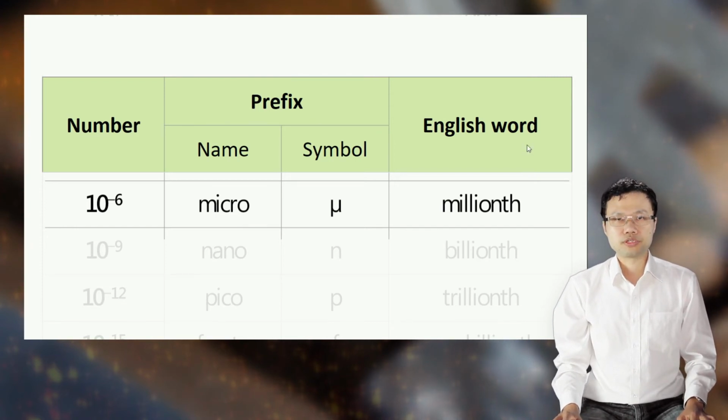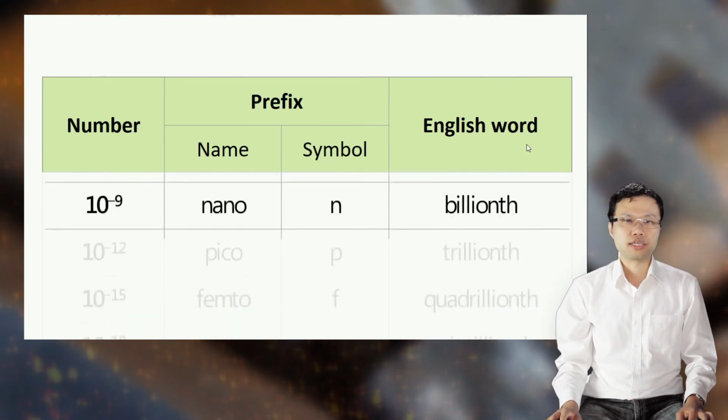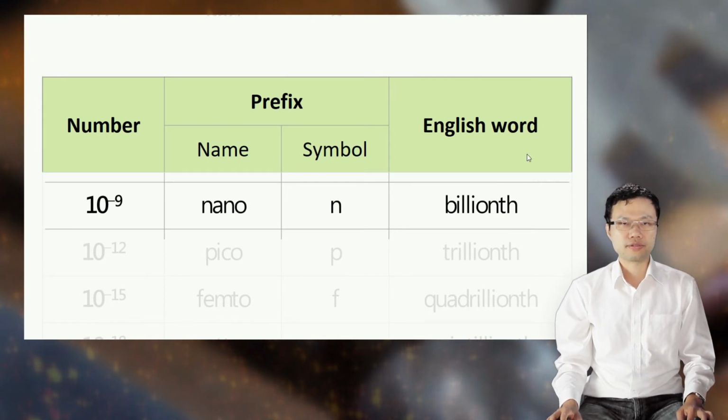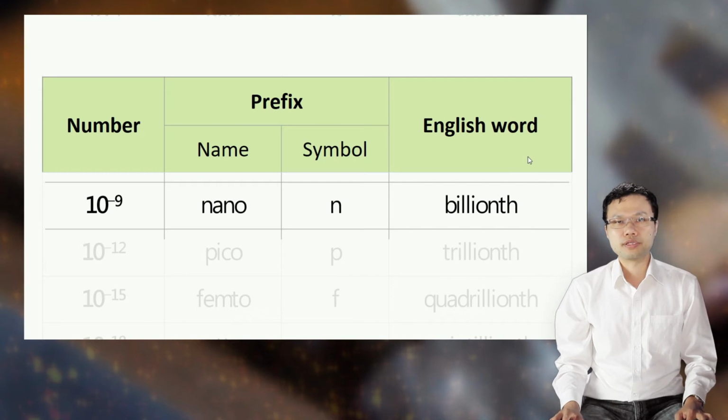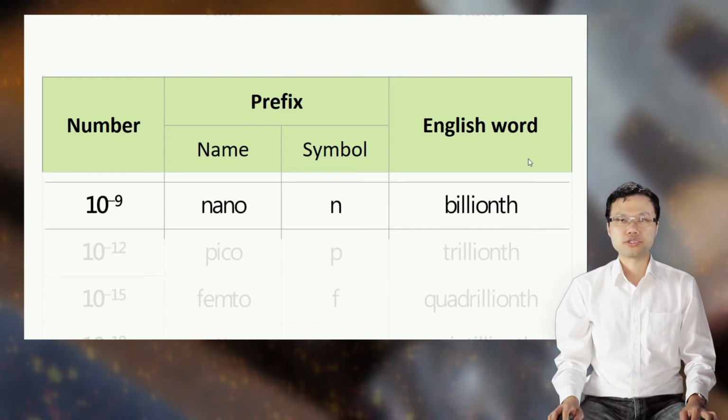For small numbers of order 10 to the power of minus 9, we express them by the metric prefix nano, or its shorthand lowercase n. The term nanotechnology also has its origin here, as it means the technology at the length scale of nanometers.